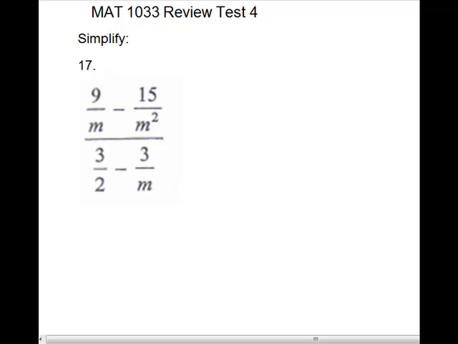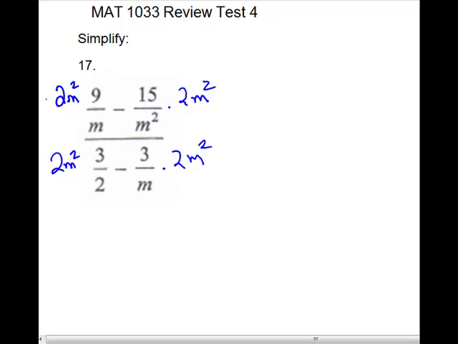For problem 17, for my common denominators, I'm going to need m's and a 2. I have to go with the most, so I need the m squared. So 2m squared will be the LCD. We'll use that with every piece. And we'll clean up.